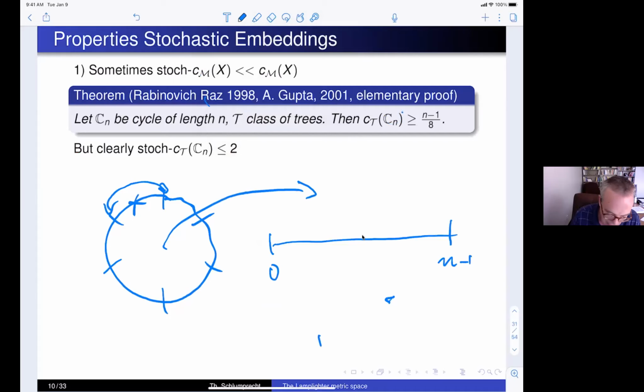The distortion at this point will be of the order n, but then you do it n times and you take the average, so you get n times n divided by n, and you get a distortion of 2. So the stochastic distortion of a circle into a line is 2, while its distortion is linearly n. Okay, this was one reason.